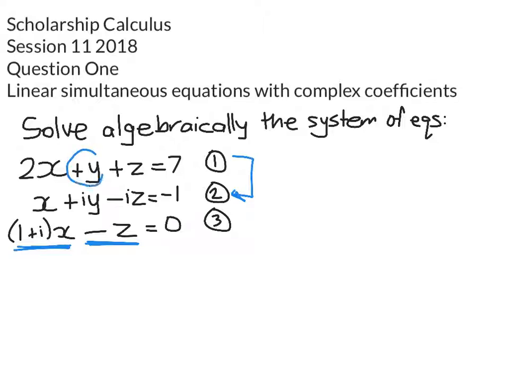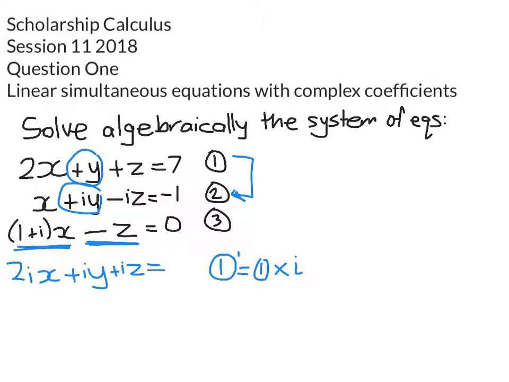I'm going to try and match up these y terms, and then I'll subtract one of those changed around equations from the other. So we're going to multiply equation 1 by i. That's going to give me 2ix plus iy plus iz equals 7, and equation 2 hasn't changed.